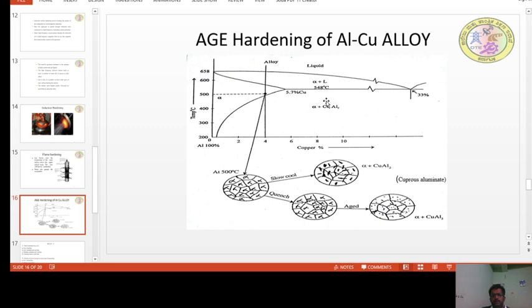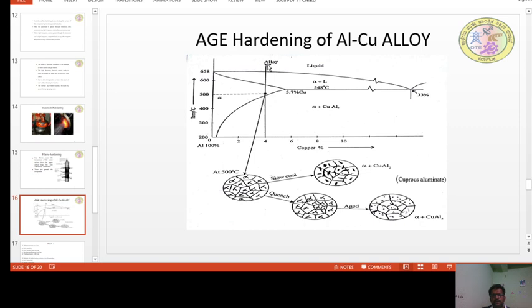The state of the material below this is solid, and in between liquidus and solidus, there will be liquid as well as solid. Now we will concentrate on age hardening of the alloy containing 4% of copper. So this is the point where the metal is liquid.